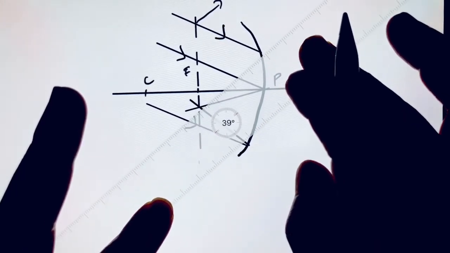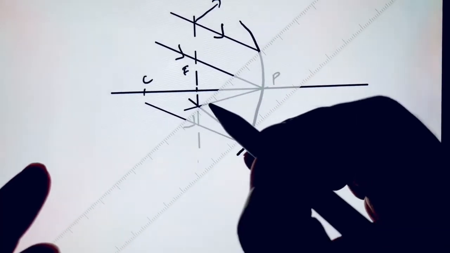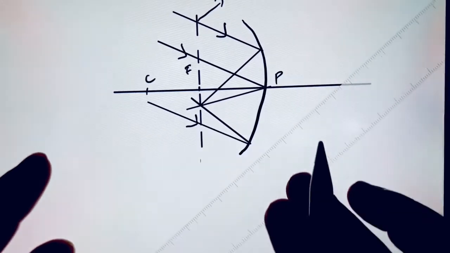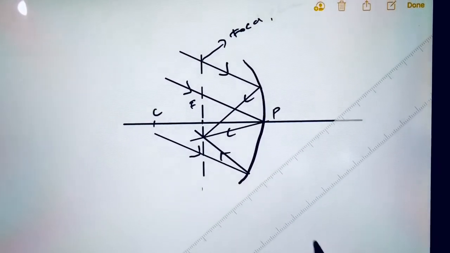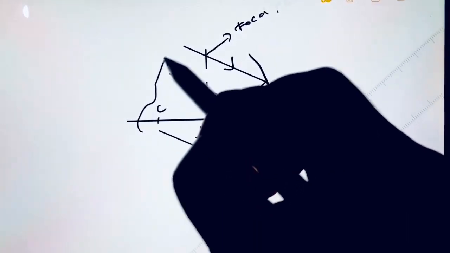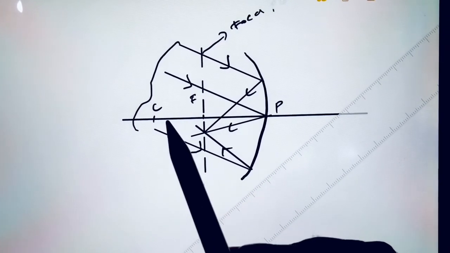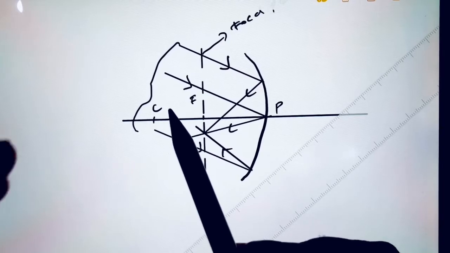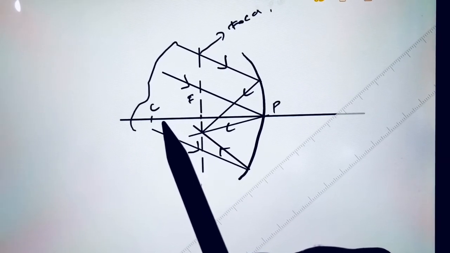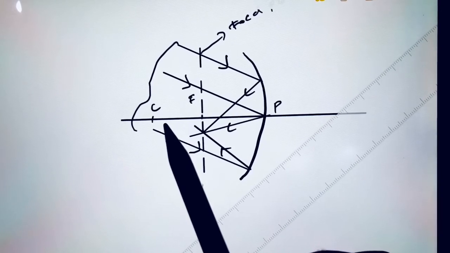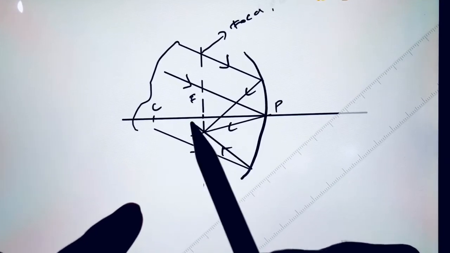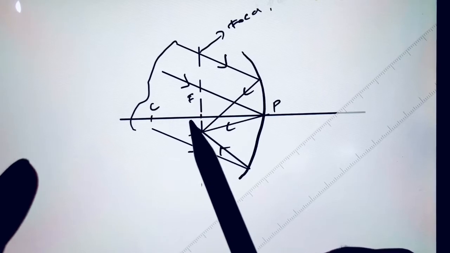So for a concave mirror, this is how it will be. If you see here, these rays of light are parallel to each other. So we say that these rays of light have come from infinity. Whenever rays of light from an object come to the mirror such that they are parallel to each other, we say that the object is at infinity.